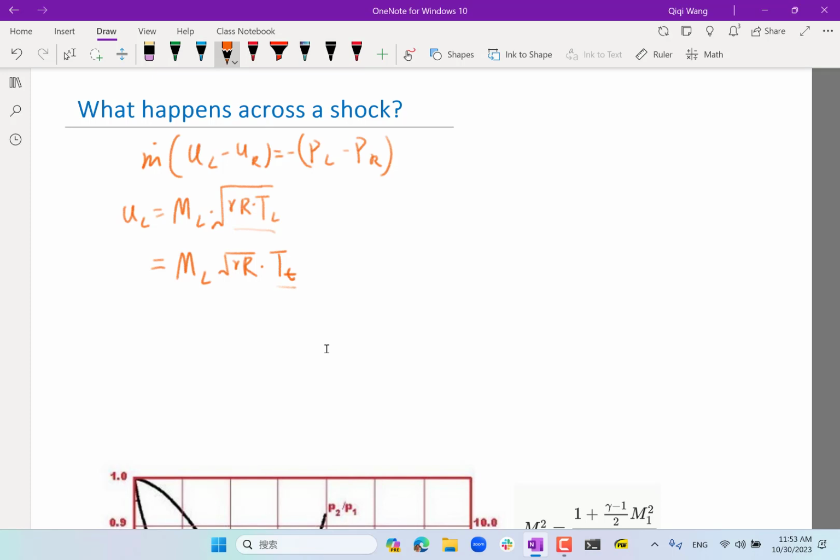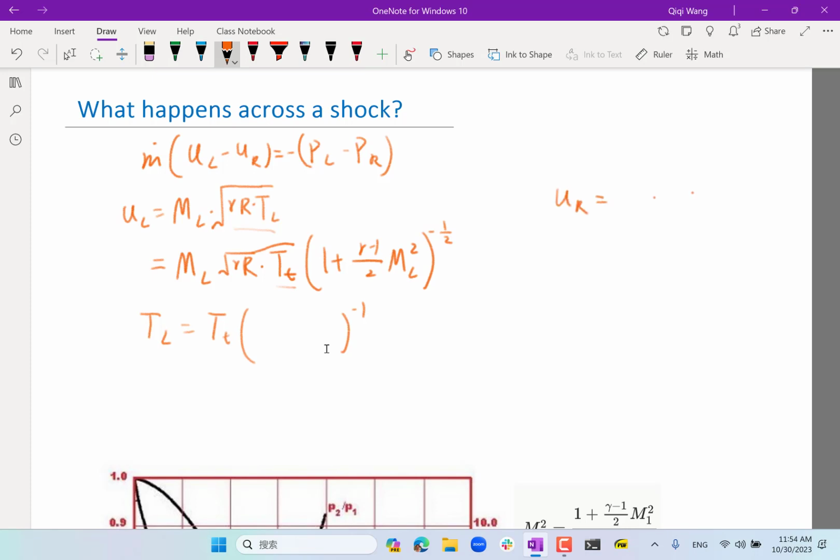That's the stagnation temperature. And then there is a square root of the temperature factor that we know can be represented again in terms of Mach number, and because of the square root we have a 1/2 power. That's because TL is equal to the total temperature times this to the minus 1 power. That's the definition of total temperature. The same thing can be said about UR.